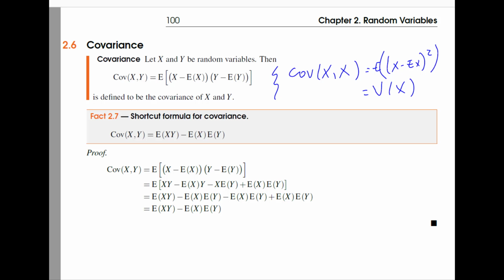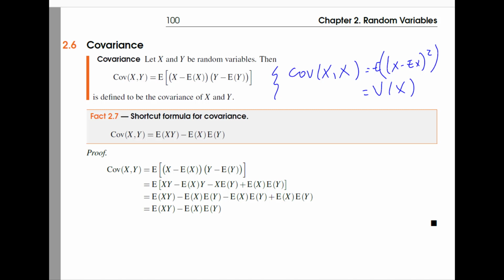So you can think of the covariance as a generalization of the variance when you have two random variables. Now, the problem is that the interpretation is different, okay? It's not concerned so much with the scatter that you see with respect to the mean, but it's more related towards how linear the relationship between x and y is, okay? So, as usual, we have a shortcut formula.